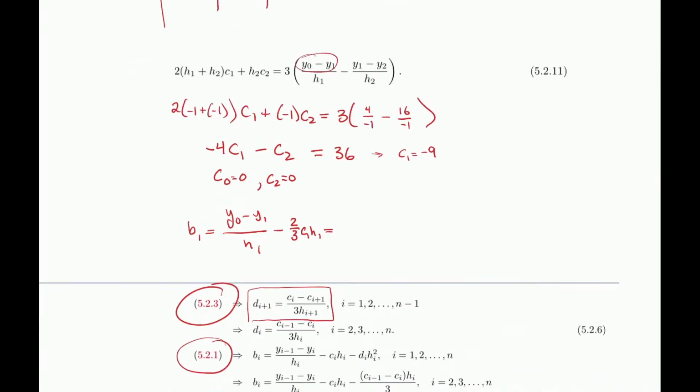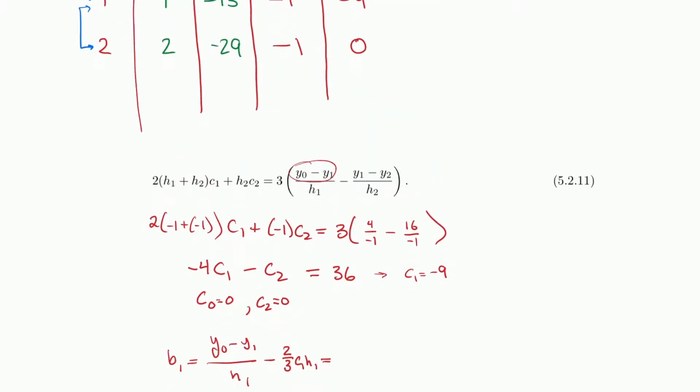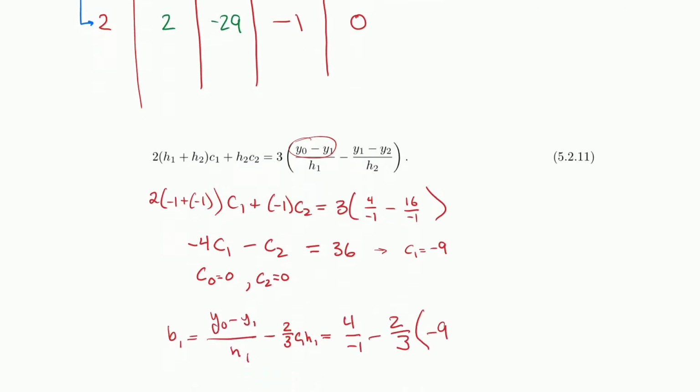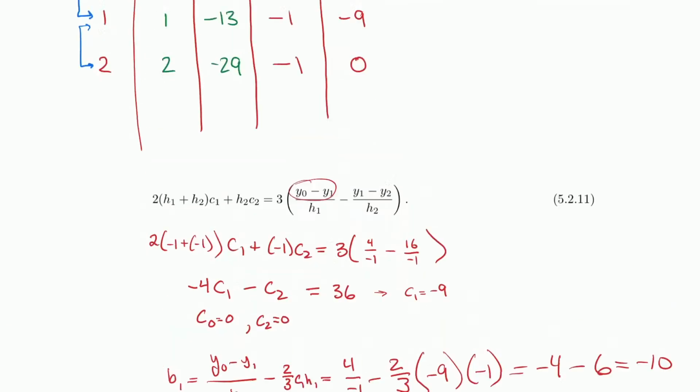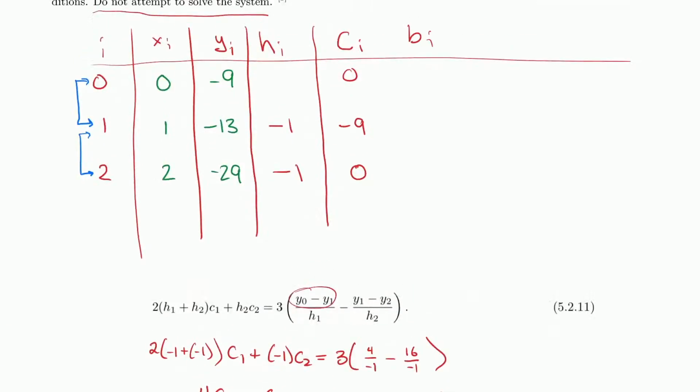And so in this case, this is going to be 4 over -1, minus 2/3 times C1, which was -9, times H1, which was -1. So this is going to be -4, minus, triple negative, 6, so -10. So that gives me B1.